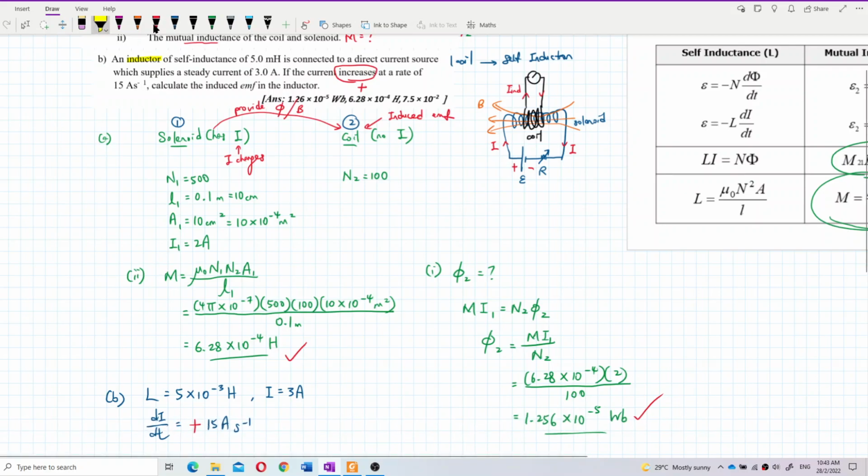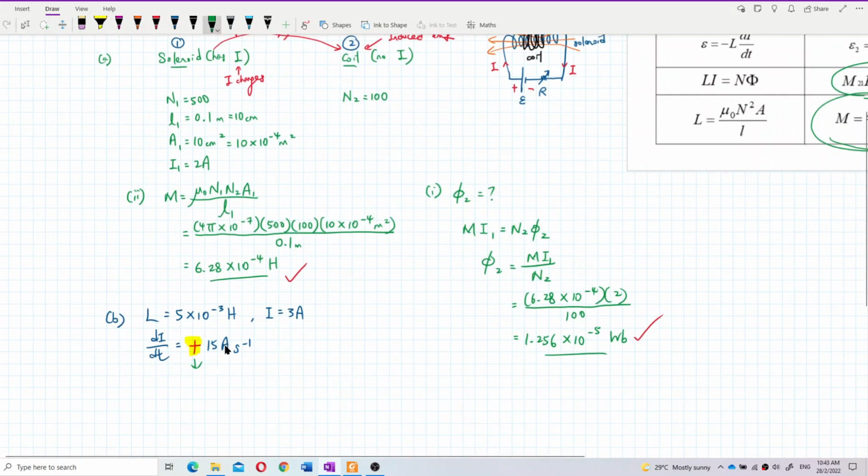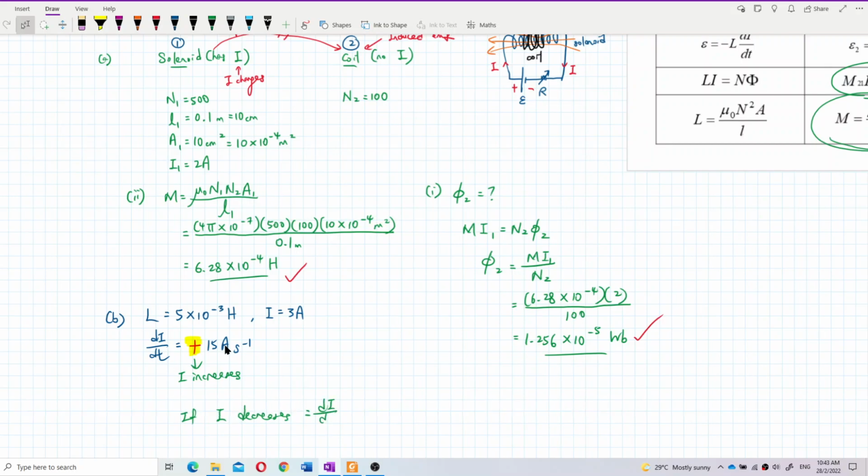So you see why di dt is positive? Because he said the current increases. If the current decreases at the rate, then the rate of current is negative.